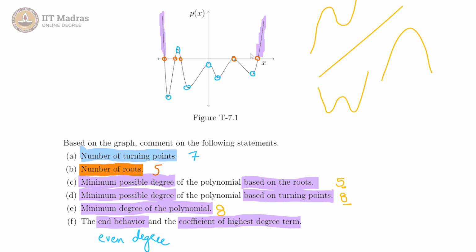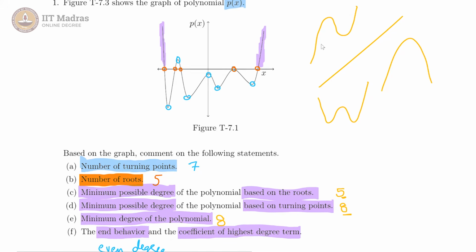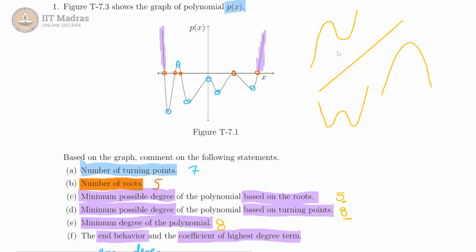As you can see, we've just drawn these basic curves for the linear and quadratic and cubic and quartic polynomials. Linear, which is an odd degree polynomial, comes from minus infinity and goes to plus infinity. Whereas quadratic, a parabola, is coming from minus infinity and going to minus infinity.